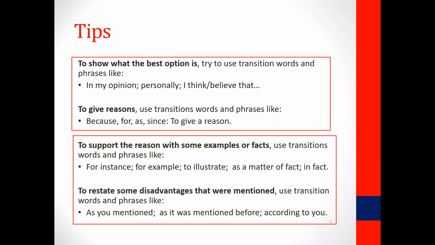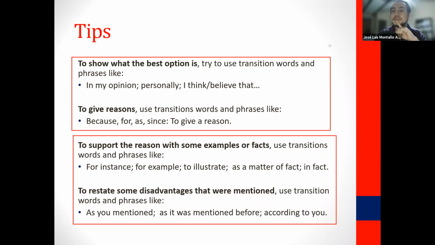To support the reason with some examples or facts, use transition words and phrases like for instance, for example, to illustrate, as a matter of fact, in fact. To restate some disadvantages that were mentioned, use transition words and phrases like as you mentioned, as it was mentioned before, according to you.